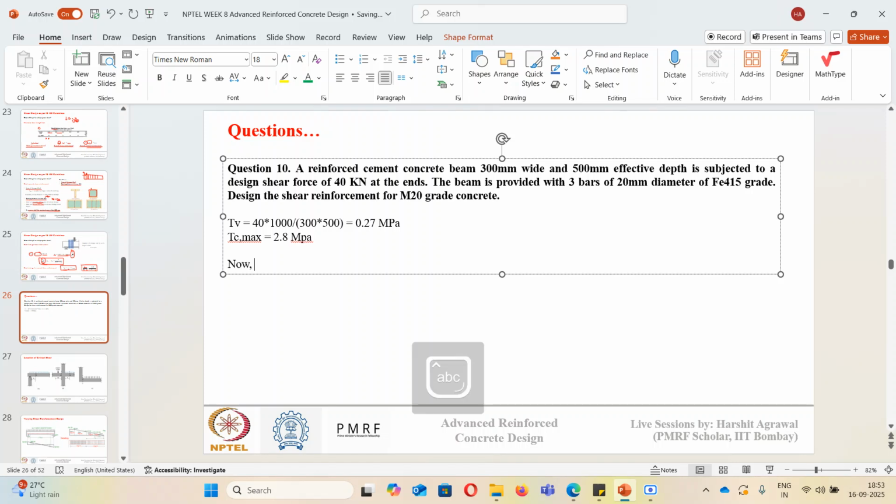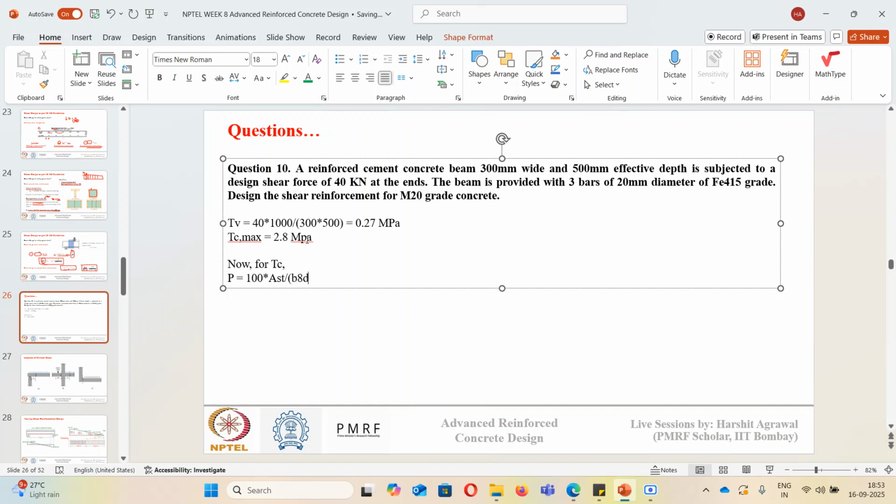Now for tau c, the shear strength of concrete, we first need to determine the percentage of longitudinal reinforcement, that is p. So p is given by 100 times AST divided by b times d. It will come out to be 100 into AST.